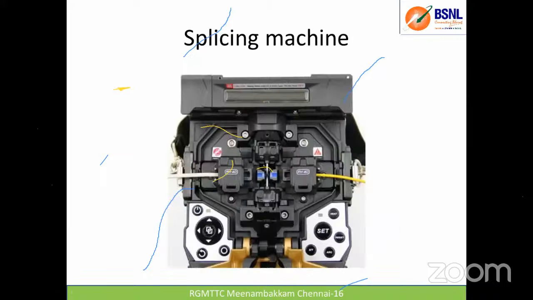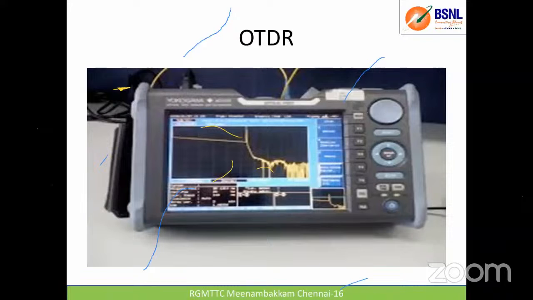This is another device they use in FTTH, the optical time domain reflectometer. This optical time domain reflectometer can identify where the fiber cable is cut. We can identify the place or distance.